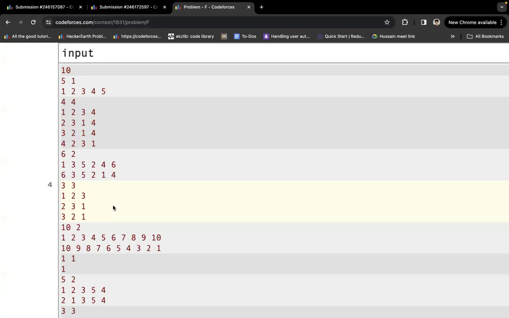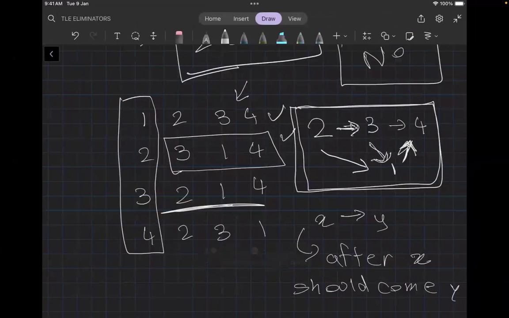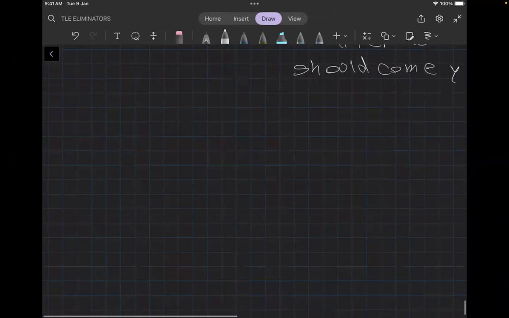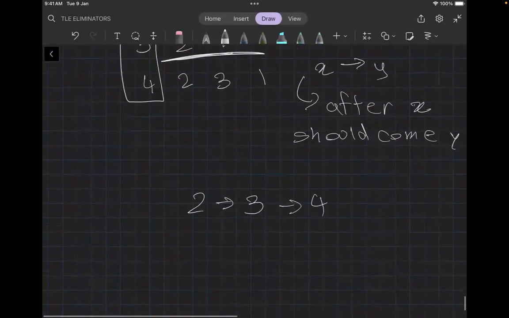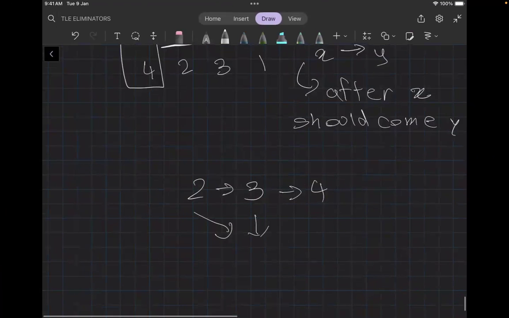Not exactly next, but we know in the relative order it should be there. Okay. Now, we know that it is 2, 3, 4, and 1. Okay. So we have to create an ordering such that all of this is satisfied.